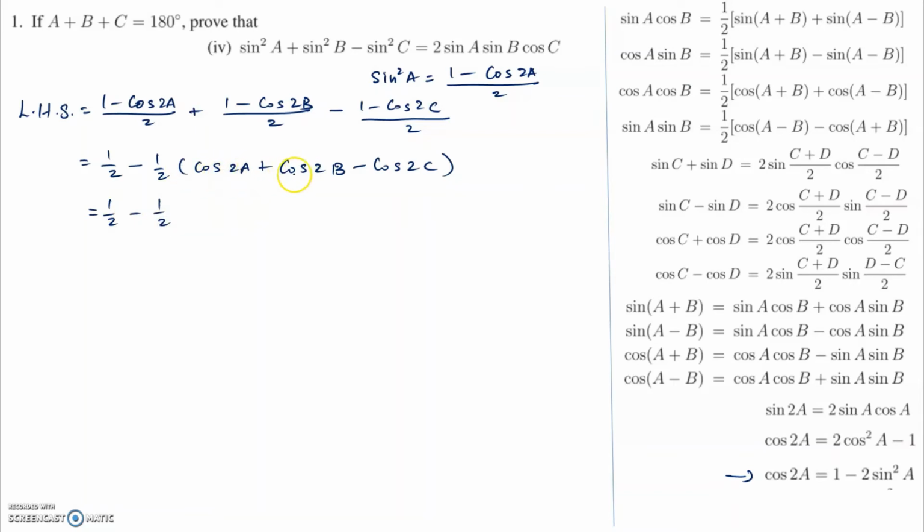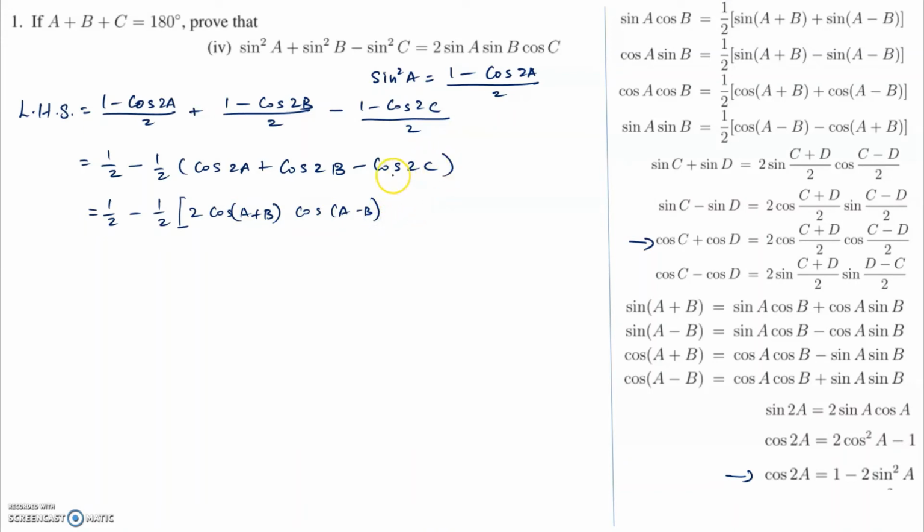Now cos 2a plus cos 2b, using this formula here, this will now become, so let's have the big brackets, 2 times cos (a plus b) cos (a minus b).